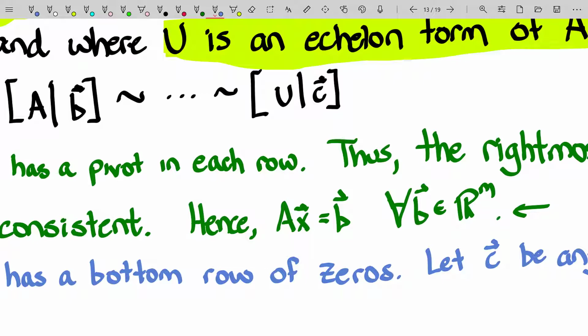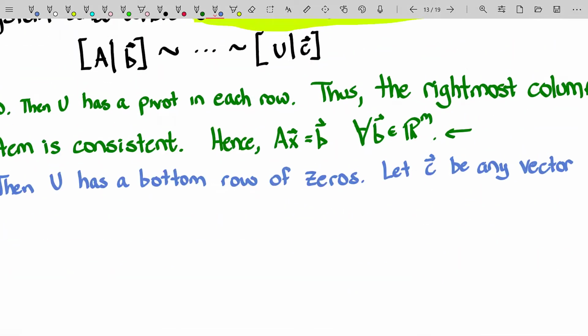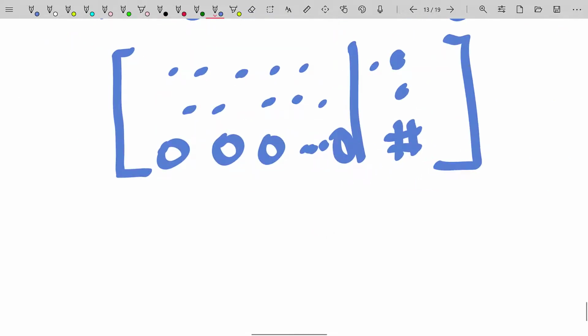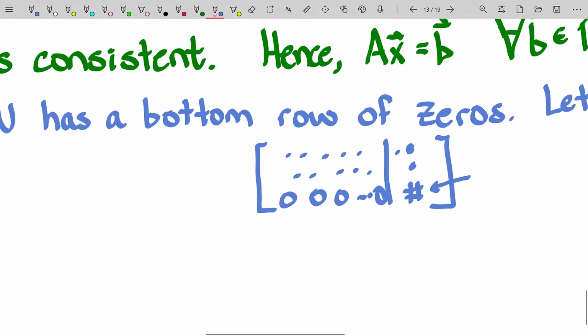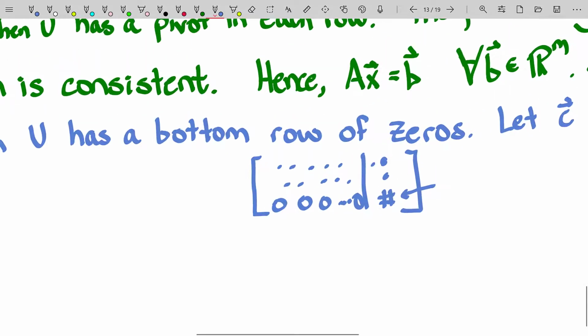There's at least one row without a pivot. So therefore, the echelon form of A will have a 0 row at the bottom of it. So that final row at the bottom of the augmented matrix is going to look like this. A bunch of zeros in that final row, and then a non-zero number, which tells us that the augmented matrix will have a pivot in the rightmost column.